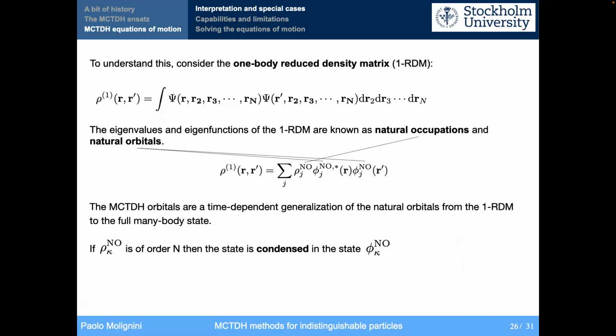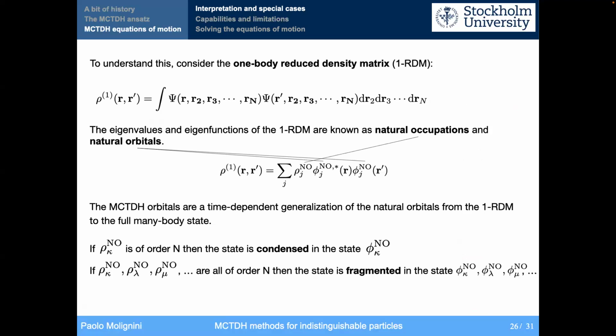If you have only one natural orbital that is macroscopically occupied, so that is order N, we say the system is condensed in that state. It's the only orbital that is populated. But if you have multiple, then you have a fragmented state. So you have the picture I described before, where multiple superfluids play with one another to construct the many-body state.